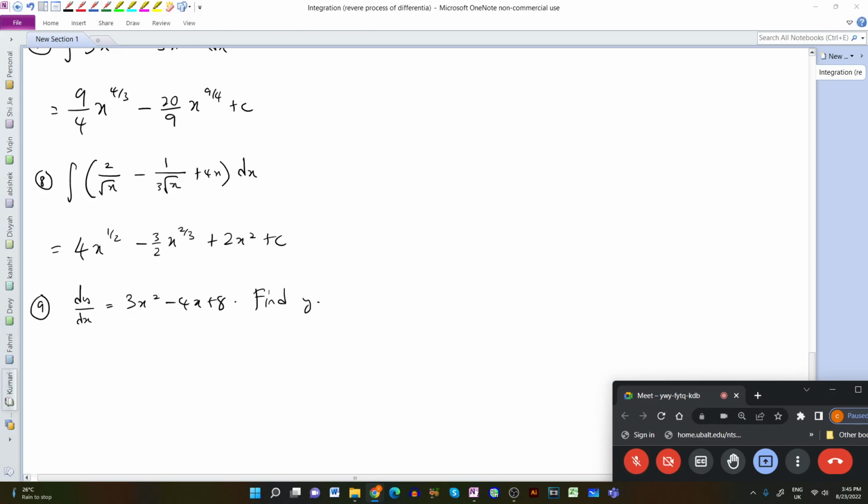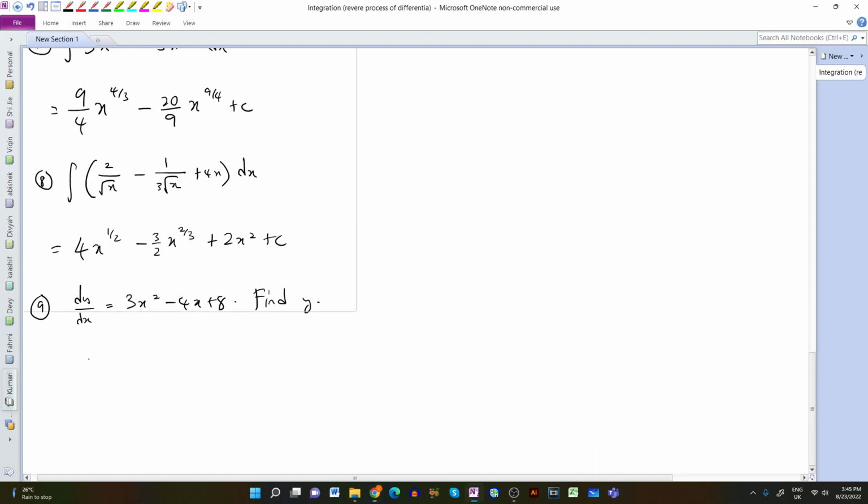So we just integrate or what? Yeah, integrate. Remember just now, dy/dx is differentiation, isn't it? So now dy/dx is given. You want to find the y, you integrate. Okay.